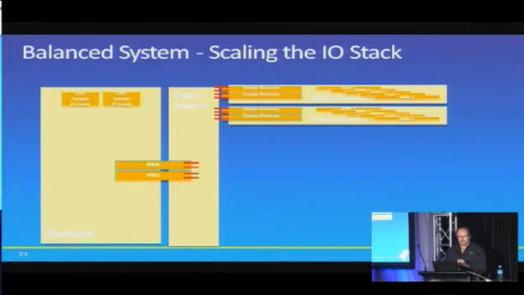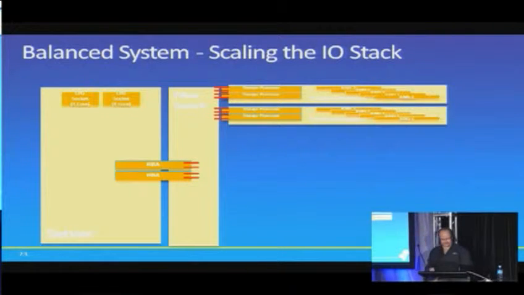So if I would add more cores, I would leave the same HBAs and the same storage processors, but I would add 6 LANs in each enclosure. So I would have 6 plus 6, 12 LANs. That gives me the balance. If I don't do that, I create an imbalance: my server can consume more, but I don't give it enough from the storage. It's not bad, it's just you're not optimizing.